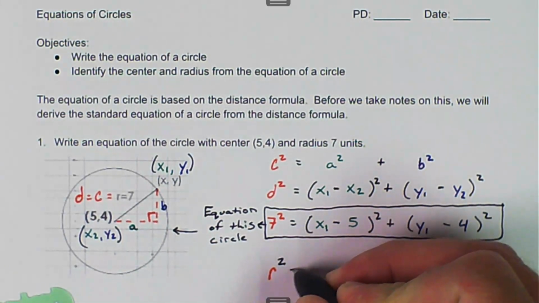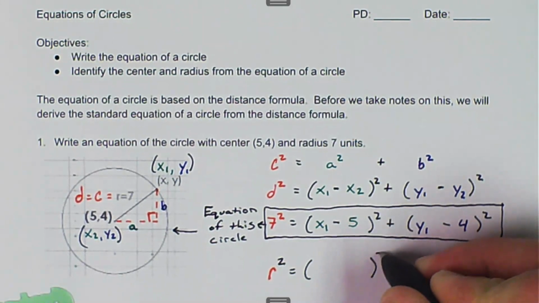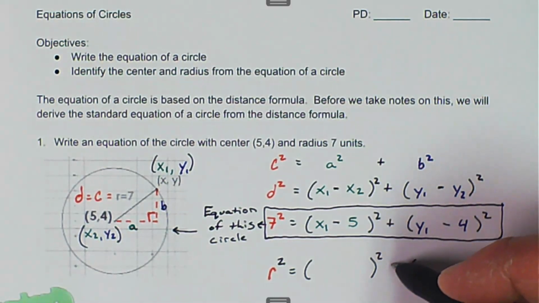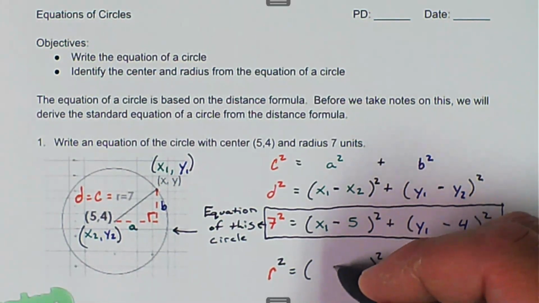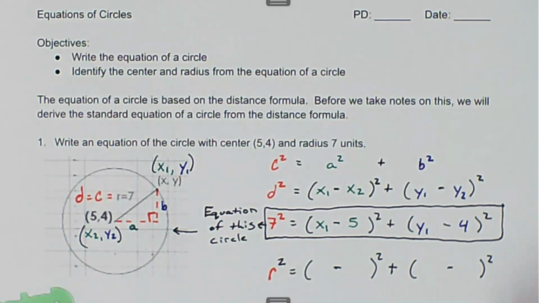The things that are never going to change, we always have the plus sign. We have two sets of parentheses that are squared. Those are never going to change. The sign in between the parentheses is going to be addition. And the sign in the middle of the parentheses is going to be the negative. So those are never going to change.